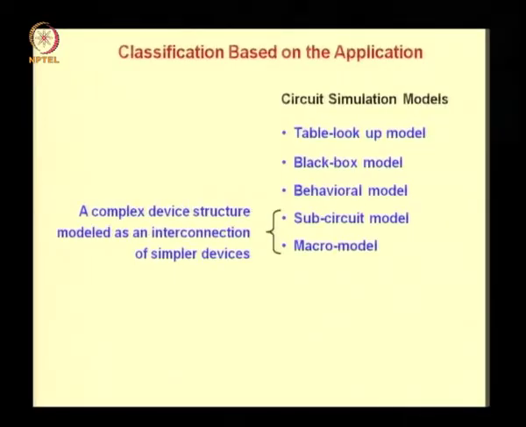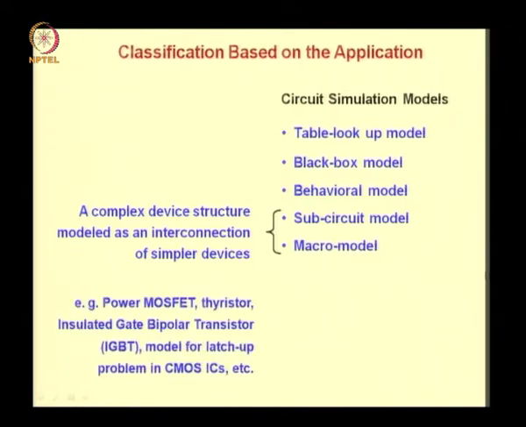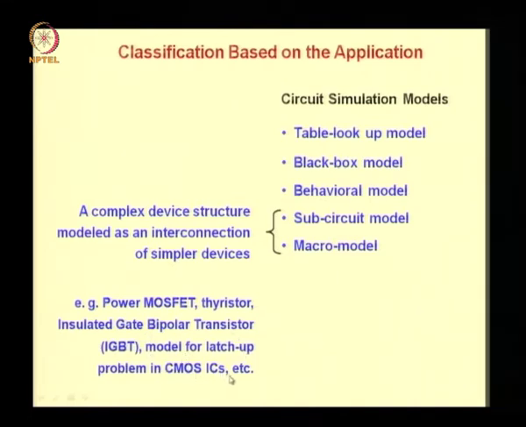Another class of models is sub-circuit or macro model. A complex device structure modeled as an interconnection of simpler devices. Let us look at some examples of this type of model. You can look at the internet and find macro models or sub-circuit models for power MOSFET, thyristor, insulated gate bipolar transistor and model for latch-up problem in CMOS ICs. By way of example, we will show here a macro model of a thyristor.